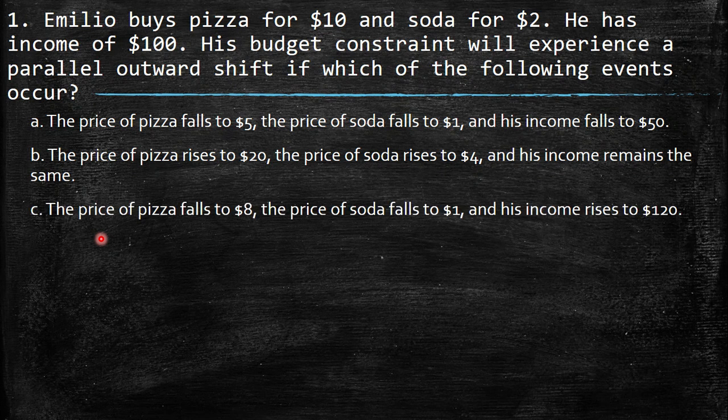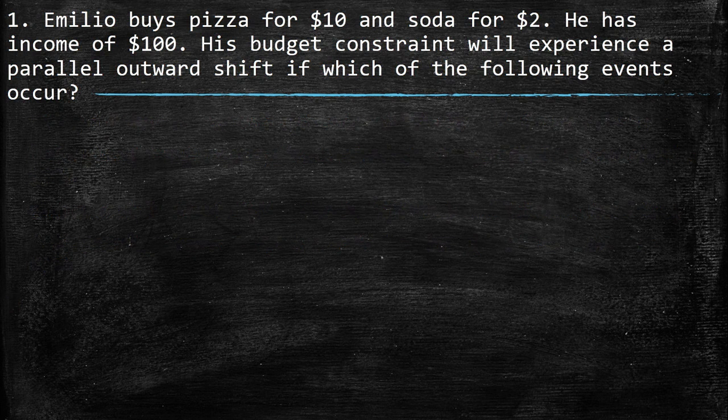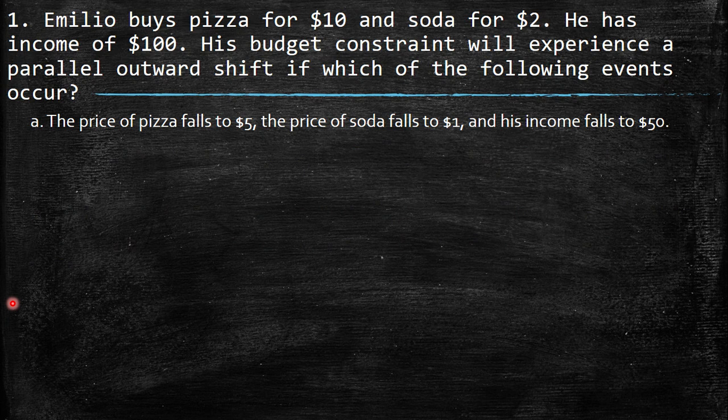C, the price of pizza falls to $8, the price of soda falls to $1, and his income rises to $120. D, the last option, the price of pizza rises to $20, the price of soda rises to $4, and his income rises to $400. Then we're going to go through all the answers.